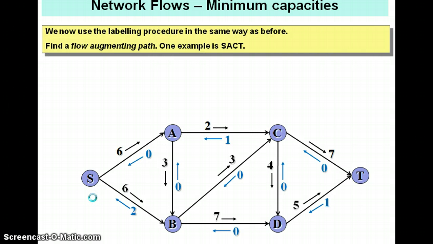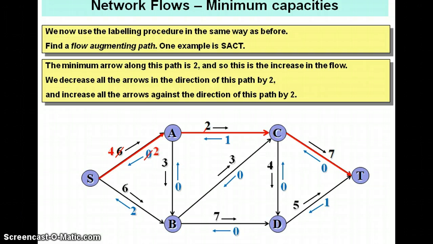We now run the labelling procedure exactly the same way as we've done before. So we look for augmenting paths. We'll start at the top as normal, so 6, 2, 7 are the capacities, the excess capacities on the 3 arcs. So it's AC with the capacity of 2 that's the smallest, so we can only send 2 through that augmenting path at the top.